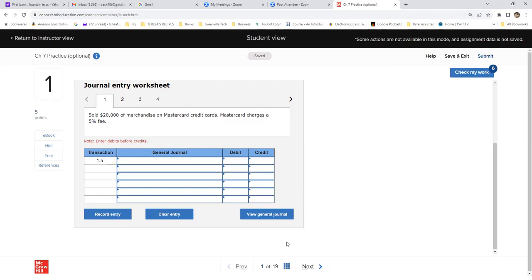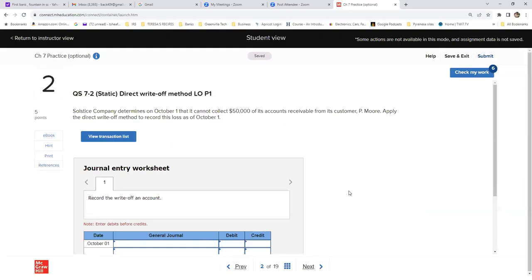Next, number 2. Solstice Company determines on October 1st that it cannot collect $50,000 of its accounts receivable from its customer P. Moore. Apply the direct write-off method.